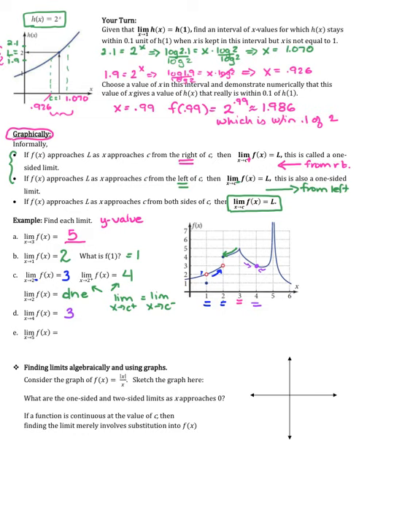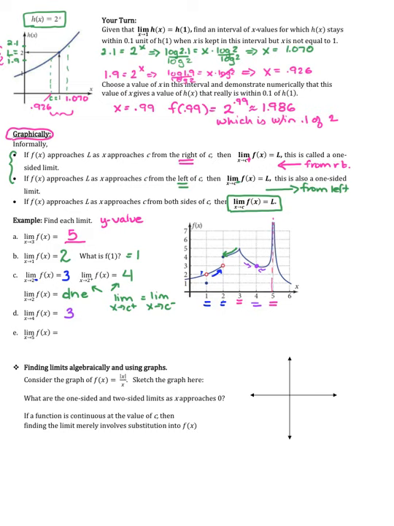And then lastly is the limit as x is approaching 5. Now notice from both sides, the behavior of your graph is the same. However, there's like an asymptote here at 5.